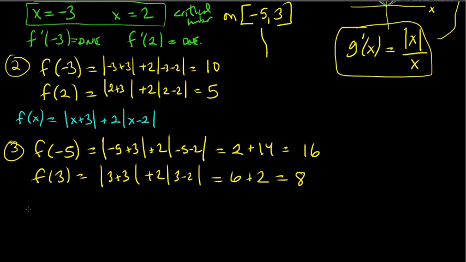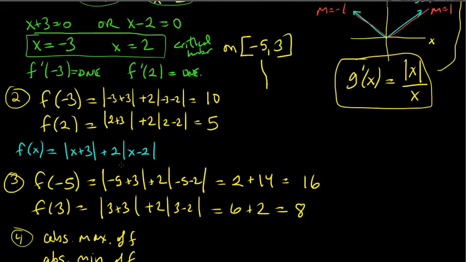All right, so step 4 is just to answer the question, right? We're looking for the absolute maximum and the absolute minimum of the function f on this interval, from negative 5 to 3 here.